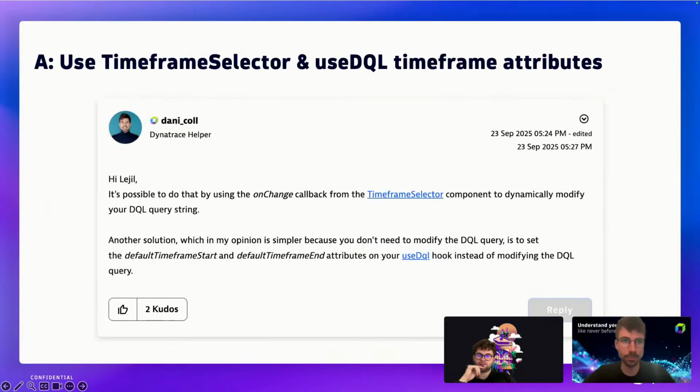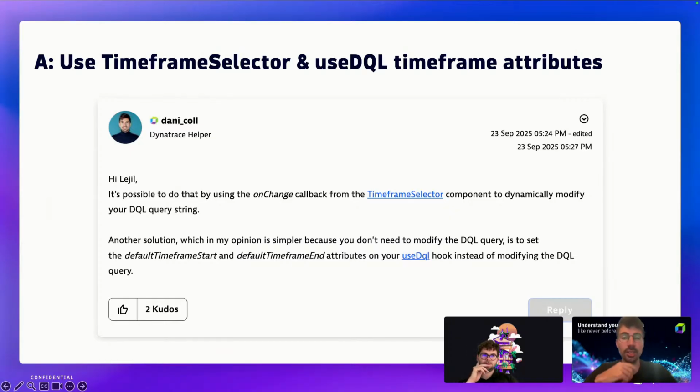For that, you have components like the timeframe selector, which has the onChange callback that gives you whatever the user has selected in the UI, and you can then set that in your useDQL hook.